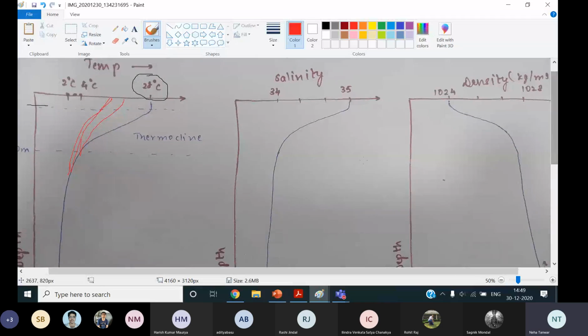Why is salinity high at the surface? It's high necessarily because of evaporation. 35, because of evaporation. Okay. So where can we have salinity low at the surface? Is it possible?